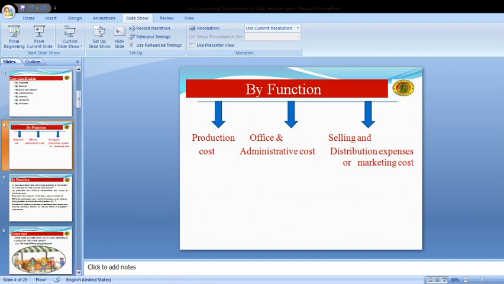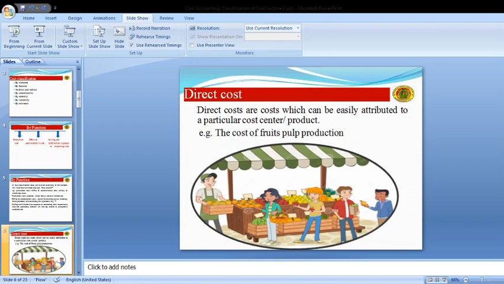Do you remember what is direct cost? This is very important from a cost control viewpoint. I think you are remembering, direct costs are those costs which can be attributed to a particular cost center or a product. Please, do not remember anything, at least keep this example of fruit fluff in mind.